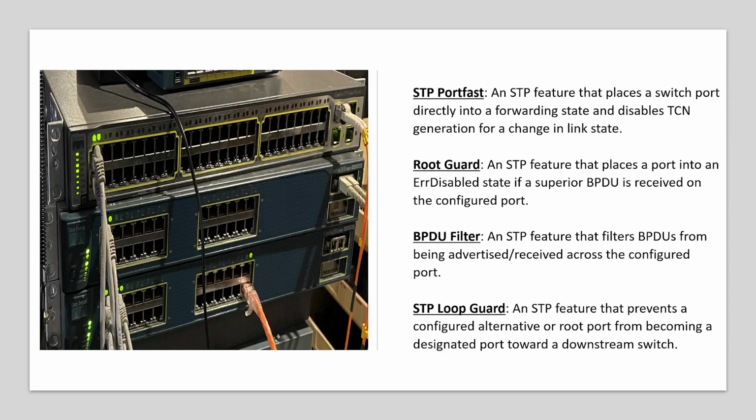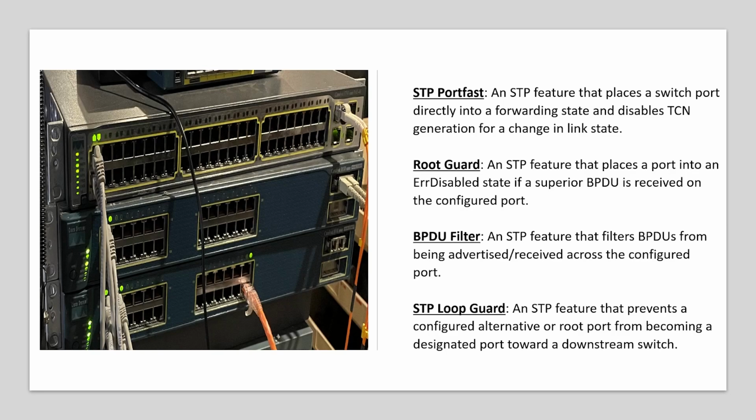Before we begin labbing on the equipment, I'll refresh what has been discussed. STP Portfast, an STP feature that places a switch port directly into a forwarding state and disables topology change notification generation for a change in link state. Root Guard, an STP feature that places a port into an error-disabled state if a superior BPDU is received on the configured port.